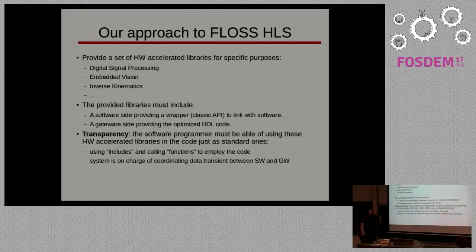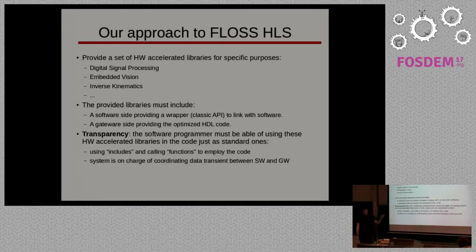The provided libraries must include a software side providing a wrapper, like an API, in order to link with the standard software so that you can write a standard program and call these libraries, and a gateware side, the FPGA side, in which the optimized HDL code is already pre-synthesized.